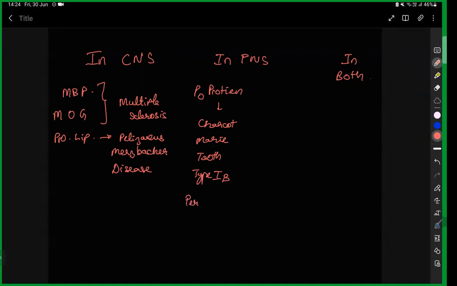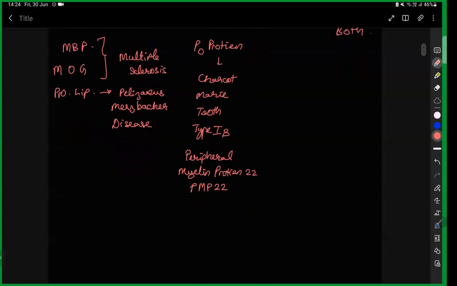Similarly, you have peripheral myelin protein 22, PMP22. The PMP22 mutation leads to the same Charcot-Marie-Tooth disease, but type 1A. Clear?